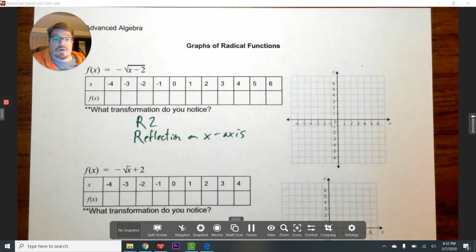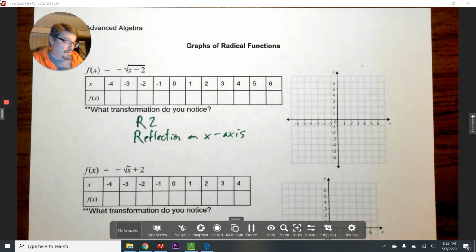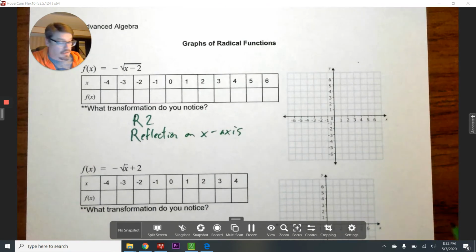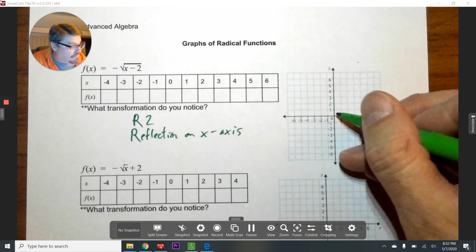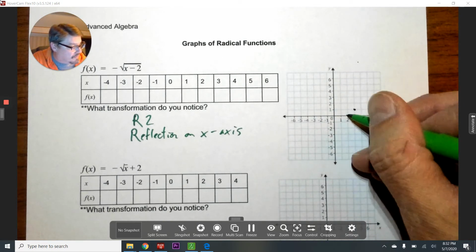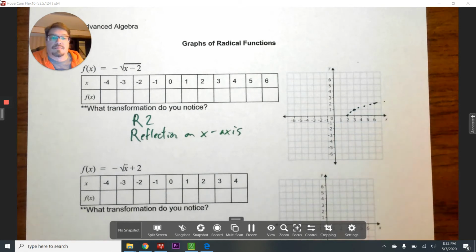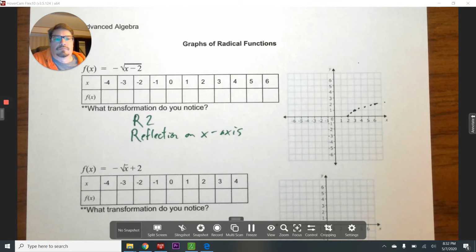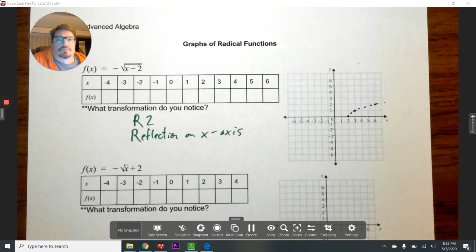And so what I'm going to do is make my parent function a dotted line here. It's going to move over to the right 2. Move over 4, it goes up 2. That's the movement to the right 2. But now in red, I'm going to go ahead and reflect it.